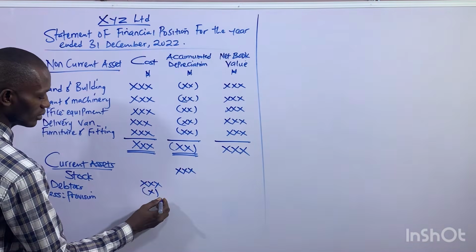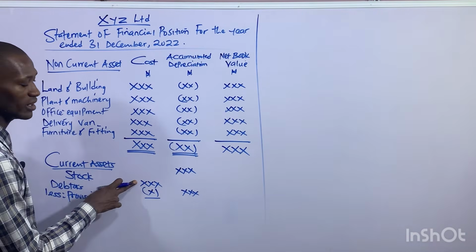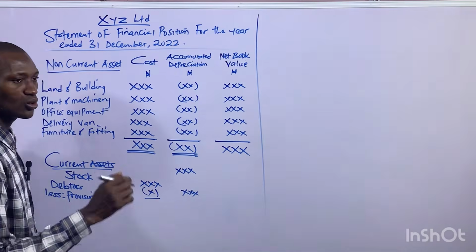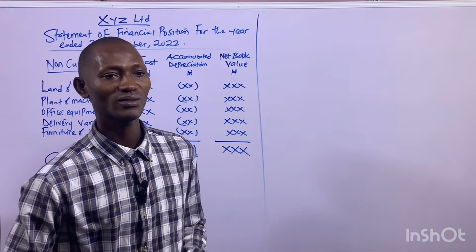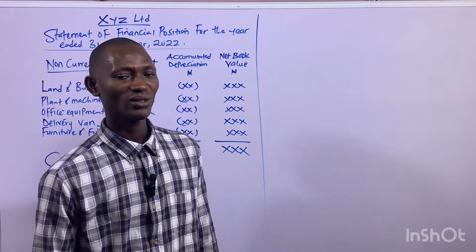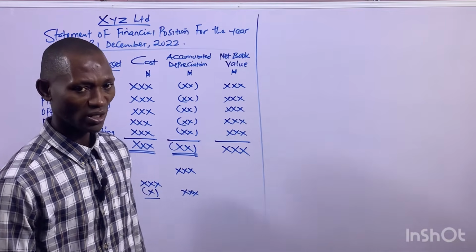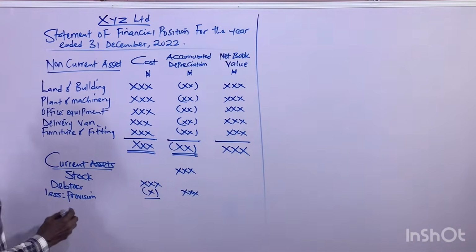When you less your provision from your debtors, you have what is called good debtor balance. And that good debtor balance is the debtor balance that its collection is certain. I mean, it is certain that you are going to collect the amount. That's good debtor balance.